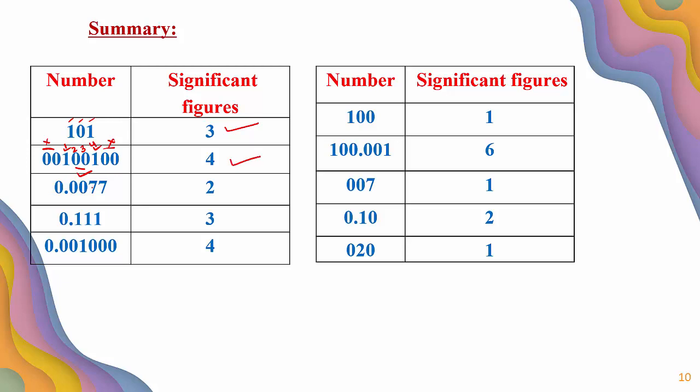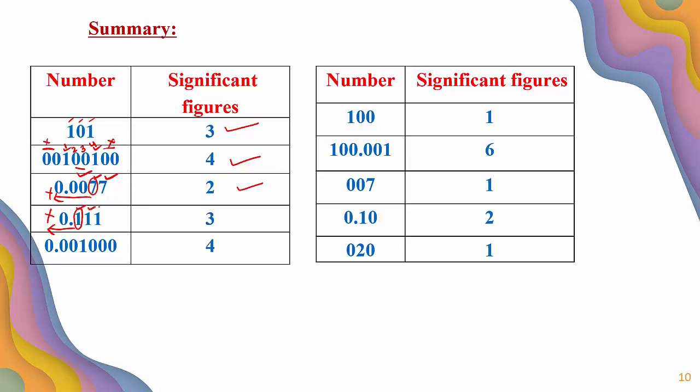In the third example, 0.0077. On the left side of the first non-zero digit is not considered. So totally there are 2 significant figures. In the next example, 0.111. So here also the first non-zero digit is 1. On the left side of this non-zero digit is not considered.